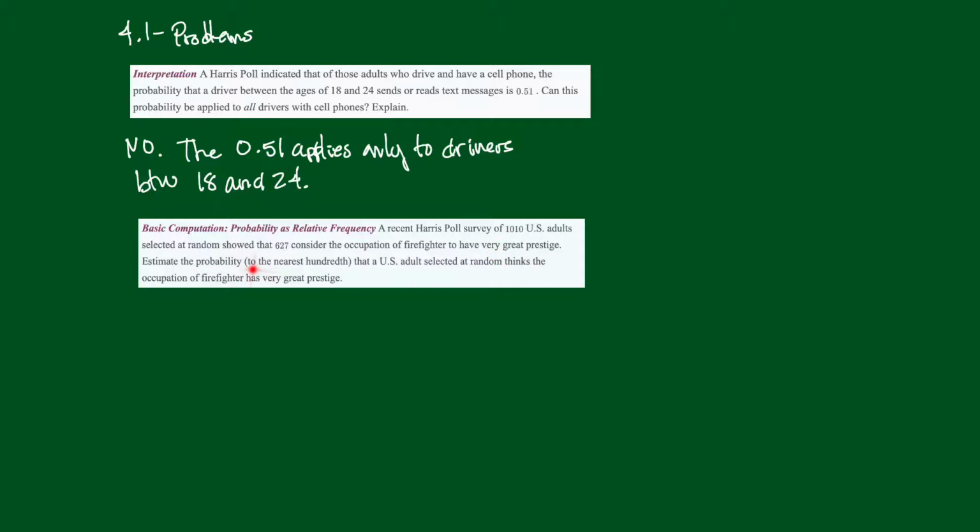So estimate the probability to the nearest hundredth that a U.S. adult selected at random thinks the occupation of firefighter has very great prestige. Okay, well, it looks to me here like the sample is 1,010 U.S. adults. And what we want to know is if we take a U.S. adult at random, right, so we're taking somebody out of our population. So think about it for a minute. Pause. Come back. And we'll do this one together.